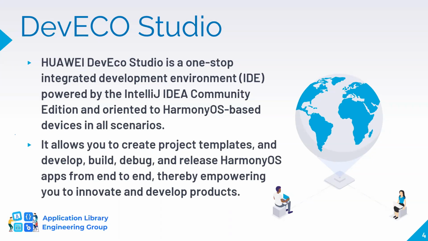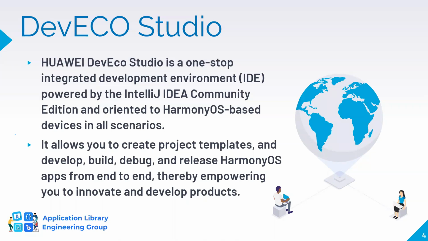There are quite a lot of IDEs. Few of the more famous IDEs are NetBeans, Eclipse, Android Studio, Visual Studio Code, and IntelliJ. In fact, Android Studio is also from IntelliJ itself. So these are the famous IDEs that we have around.